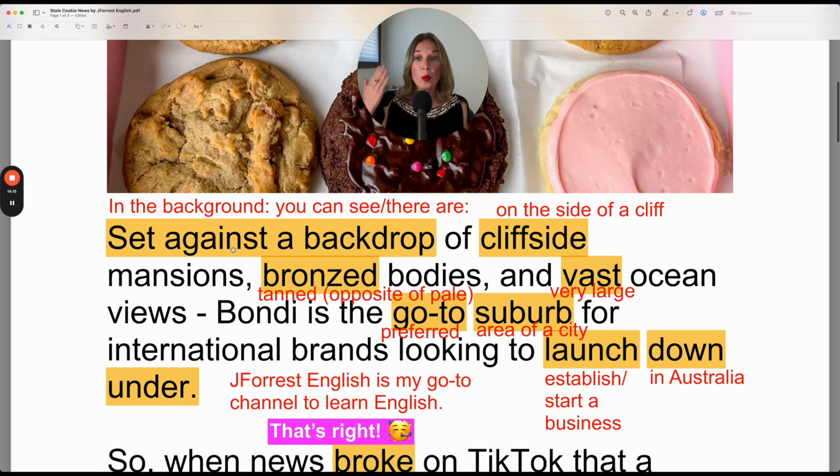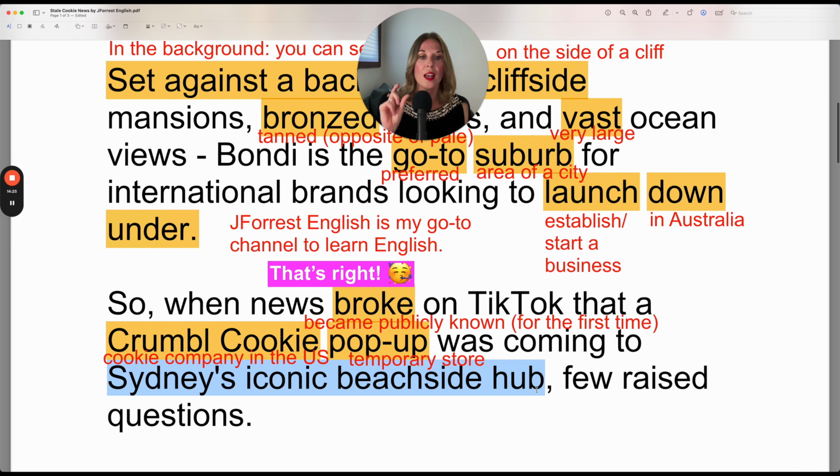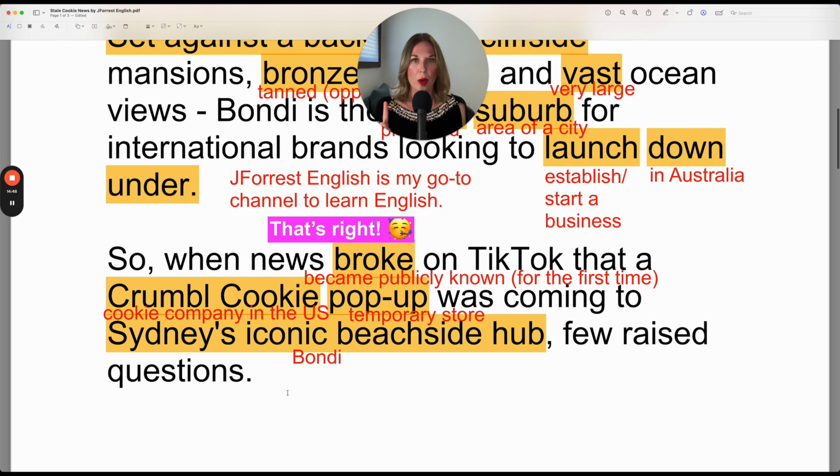So what we heard before, this very beautiful description of this suburb called Bondi, that is Sydney's iconic beachside hub. So this represents Bondi. So let's summarize this. When the news broke on TikTok that this Crumbl Cookie pop-up temporary store was coming to Bondi, this iconic beachside hub in Sydney, few raised questions.